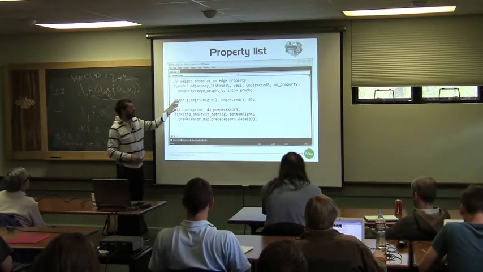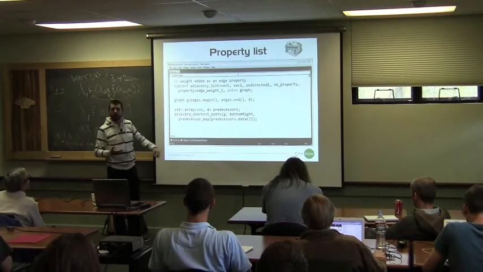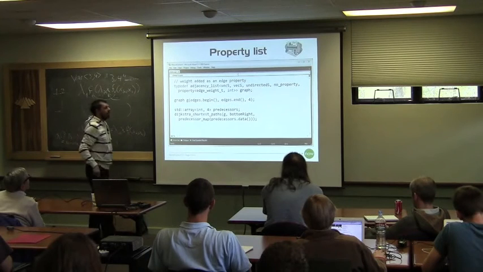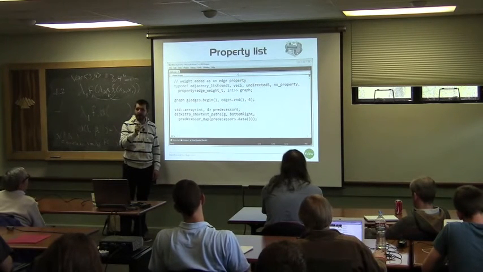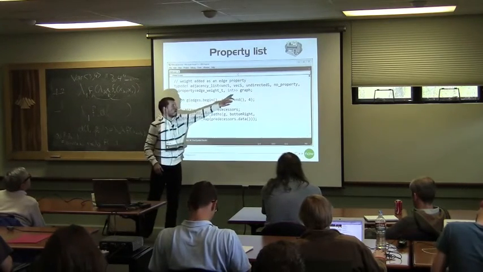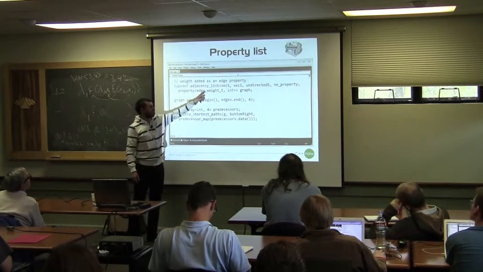There's just one property. So if I want to use a graph with Dijkstra shortest path, I have to make sure that each and every edge has a weight. So I need to tell the graph, make sure that there is somewhere a variable where I can assign a weight to an edge. You see how this works. I have now here my graph class, again based on the adjacency list.